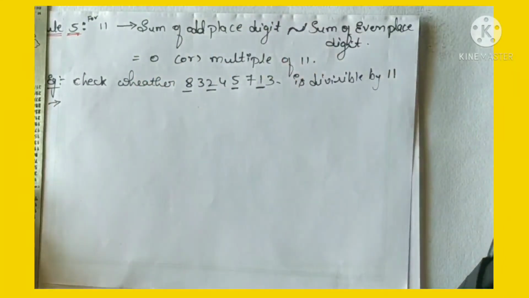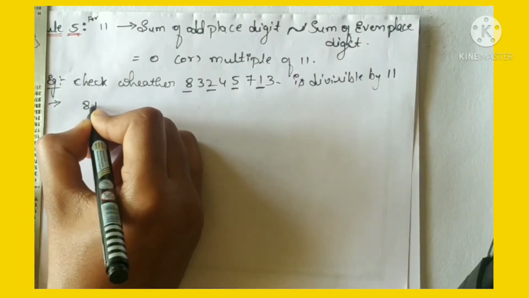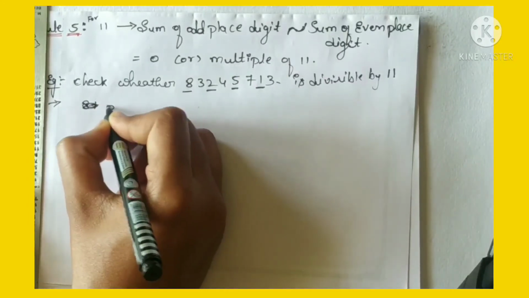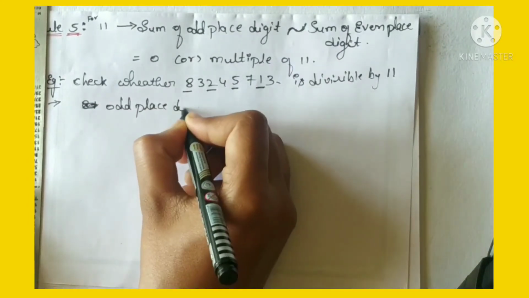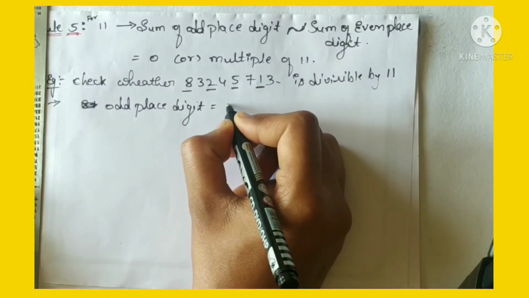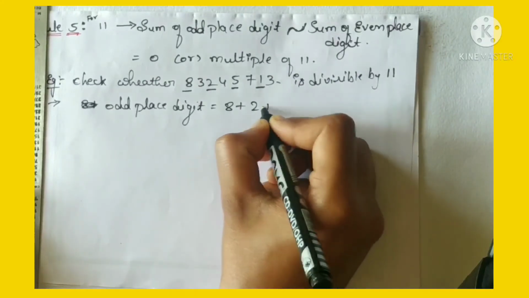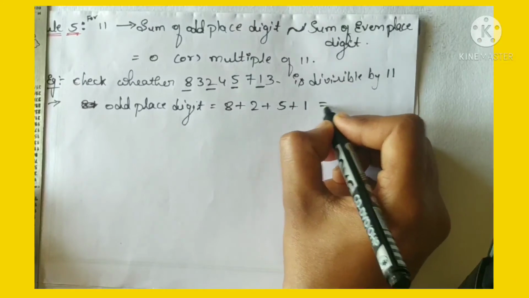So I add these odd place digits: 8 plus 2 plus 5 plus 1, which is equal to 16.